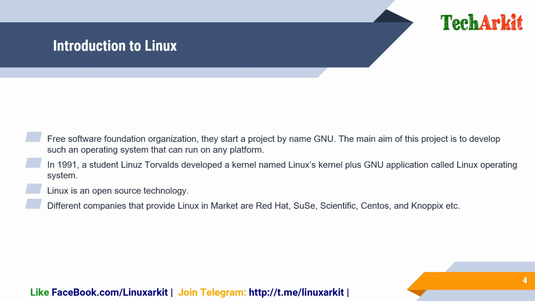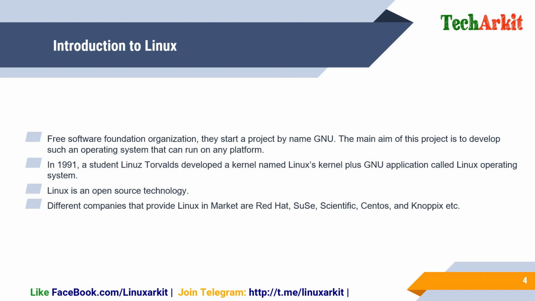Somebody developed the cat command, somebody developed other commands, and somebody developed the GUI. Many things were developed by different authors and published as open source projects. They were combined together with the kernel and made into the Linux operating system.